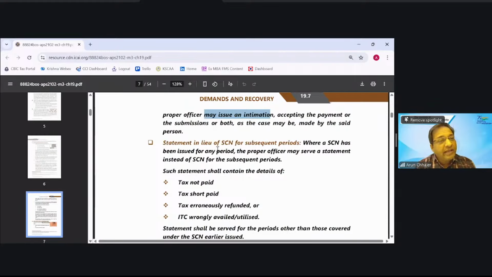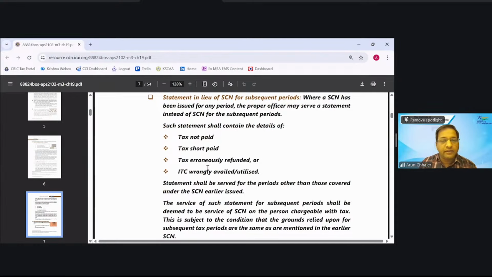अब उन्हें एससीएन इश्यू करने की रिक्वायरमेंट कब नहीं है? If मान लो they issued the notices, show-cause notice for year 1 and year 2, and the demand is exactly on the same ground, where the SCN has been issued for any period, the officer may serve the statement instead of SCN for the subsequent period.